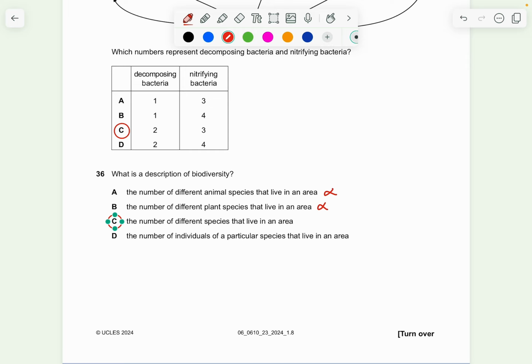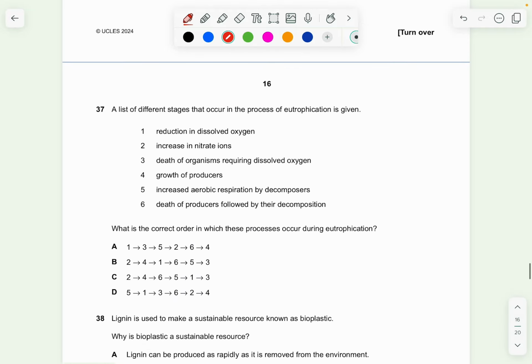This is called biodiversity. It is not specific to plant, animal, or fungi, for example. It is everything together. The number of individuals of a particular species that live in an area is more of a population. So the answer for this is C.